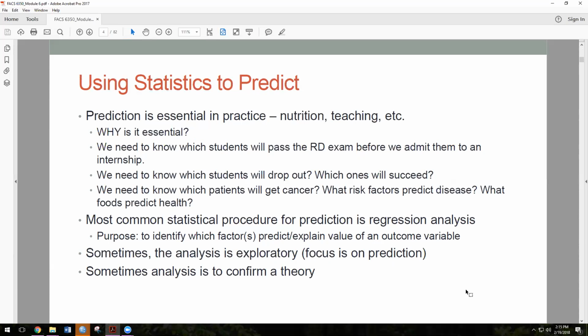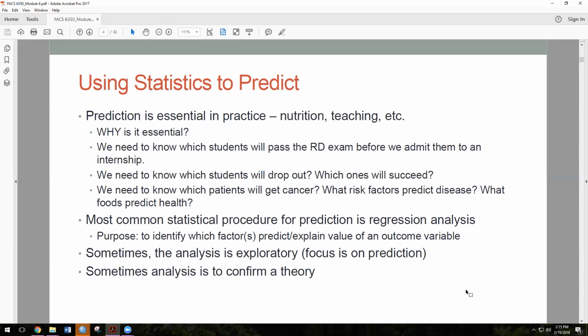So regression analysis is the most common statistical procedure for prediction. And so what we want to do, the whole purpose of it, is to identify which factors can explain our outcome. So, what can we figure out that's going to explain what happens later on down the road? Sometimes we focus on prediction because we don't really know or have even a thought or hypothesis, and so that is exploratory. And then sometimes we use it to confirm a theory.